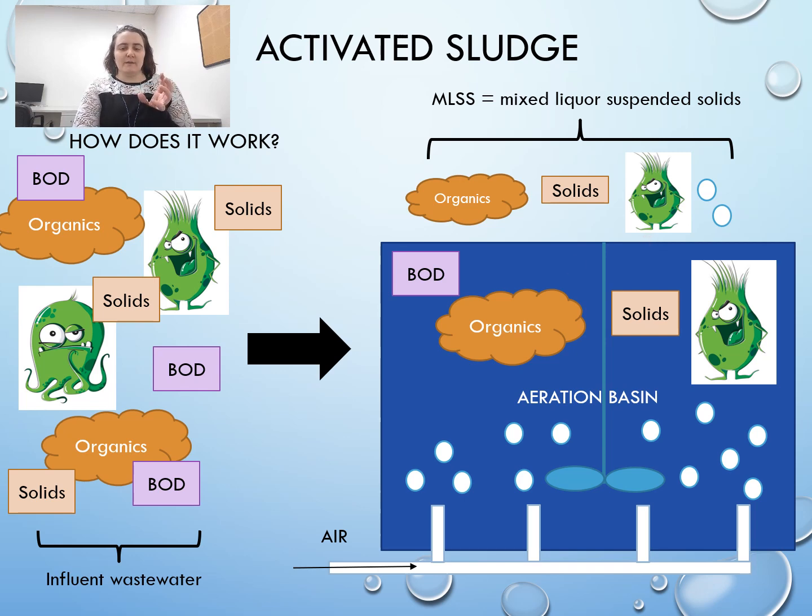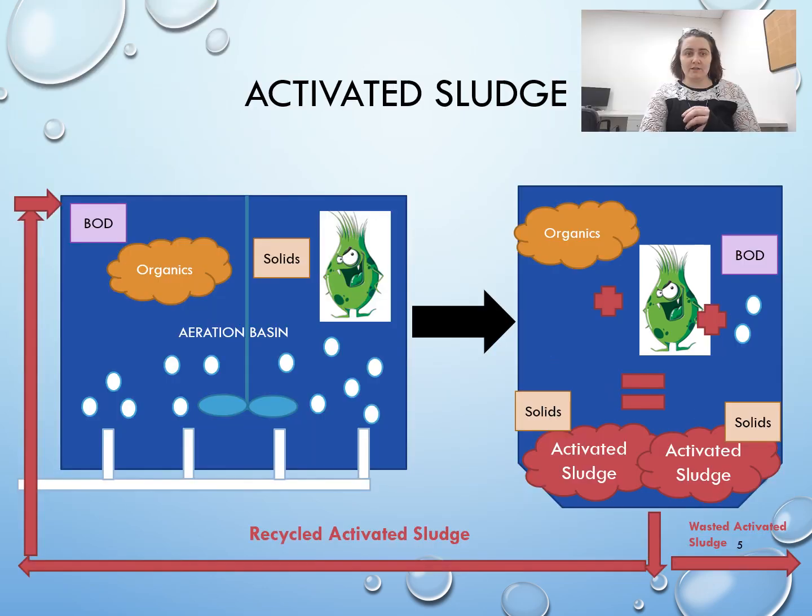The second step is to pump what comes out of the aeration basin into what we call a secondary settling basin. At this point, the organism has enough oxygen to break down those organics. And as it breaks down those organics, it grows and divides and makes more microorganisms. It reproduces, basically.